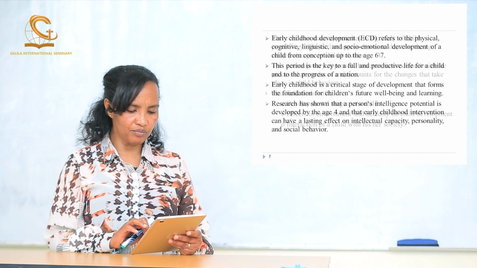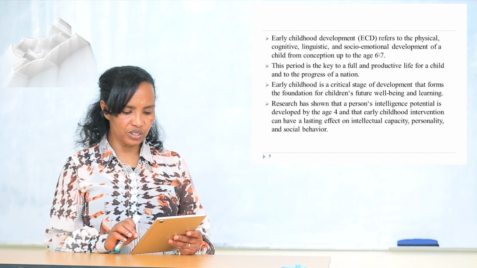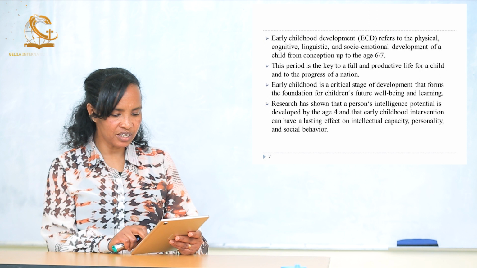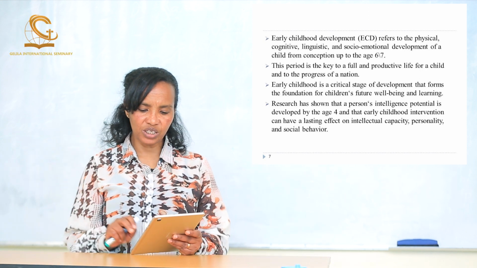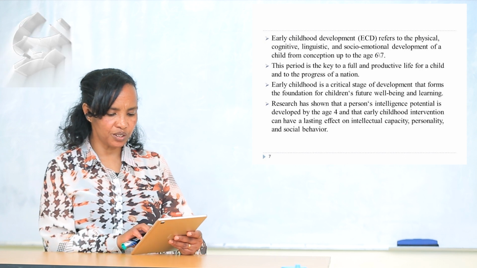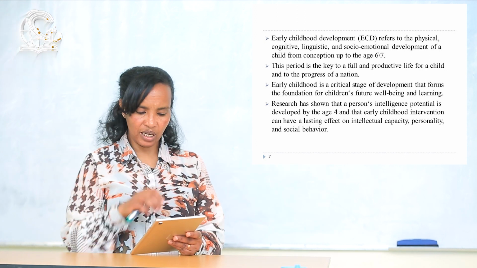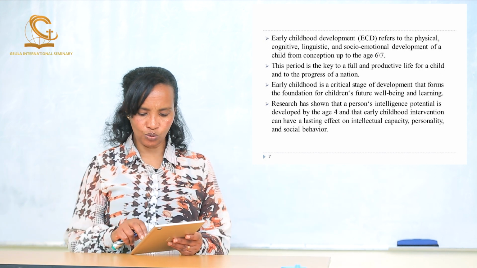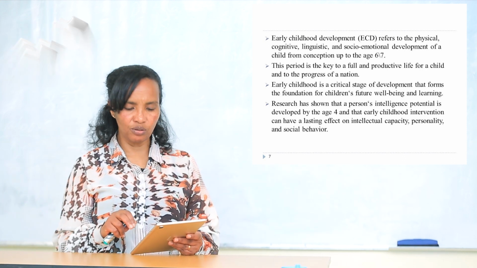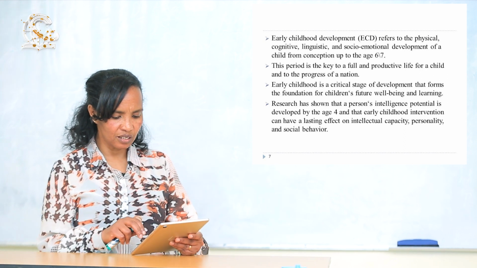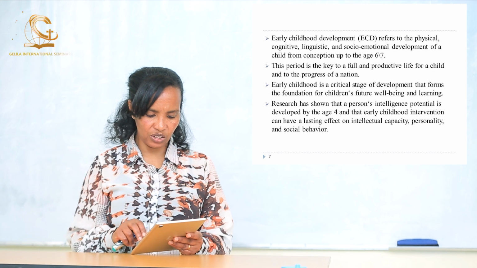And a term that we have to know is early child development. It refers to the physical, cognitive, linguistic, and socio-emotional development of a child from conception up to the age of 6 to 7. This period is the key to the full and productive life of a child and to the progress of a nation.